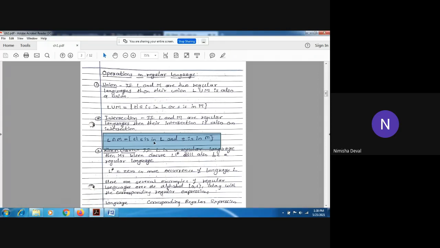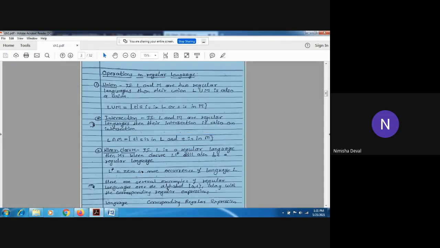If L and M are regular languages, then their intersection is also regular. Understood? These are the two basic operations that you have already solved many times.